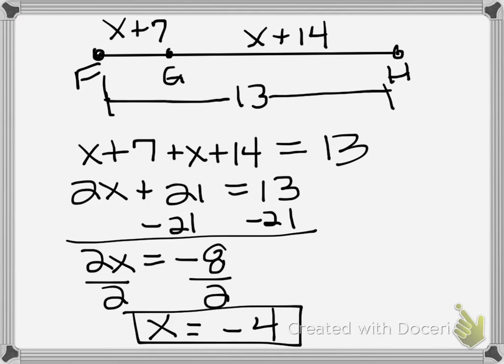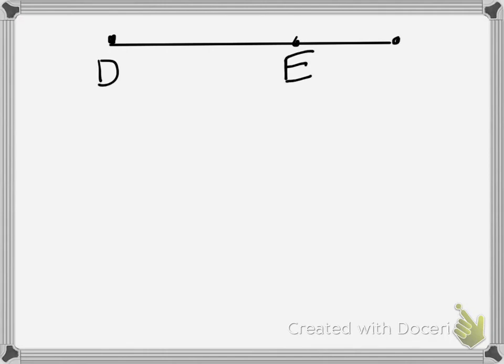All right, looking at our next example, we have the same thing going. We have a line segment that is DEF. DE is 2x plus 3.